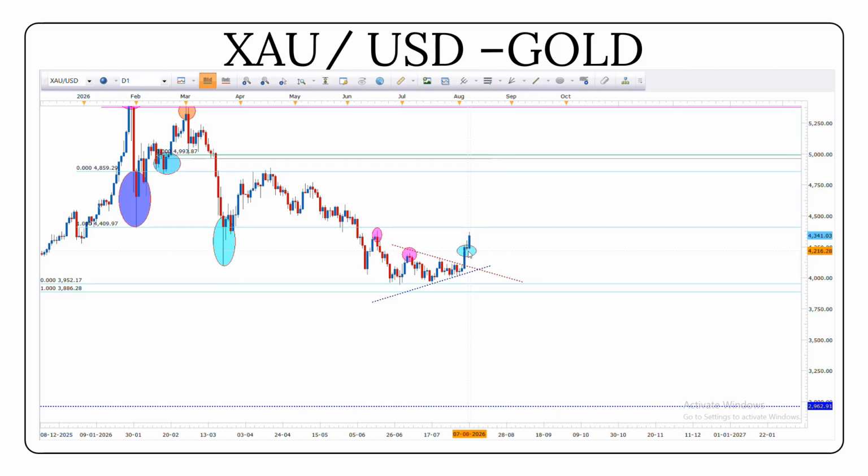Gold then managed to print a doji on Thursday and then printed another big rally on Friday to come into the next supply zone between 4297 and 4389.